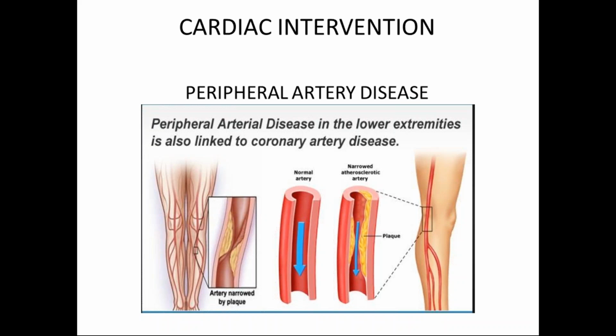We went over that before, but this is what the obstruction looks like. And if you can diagnose it and locate where the obstruction is, then you can do something about it.